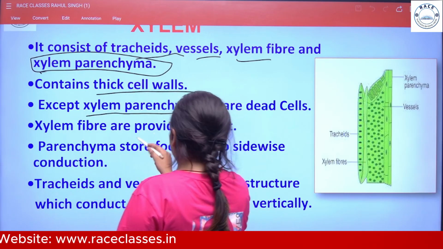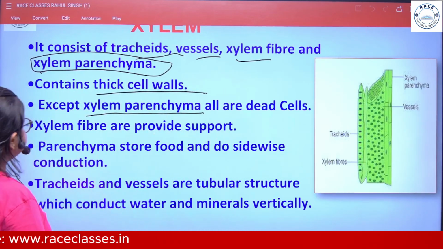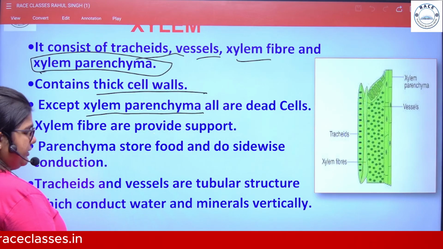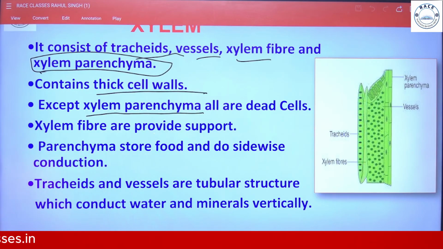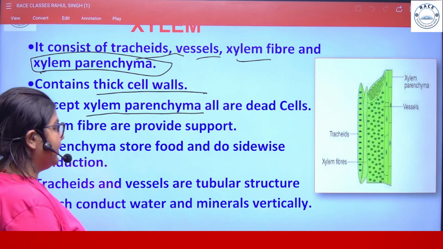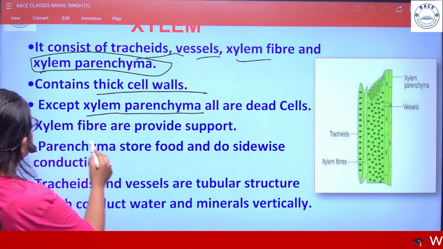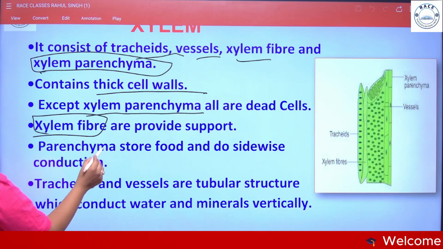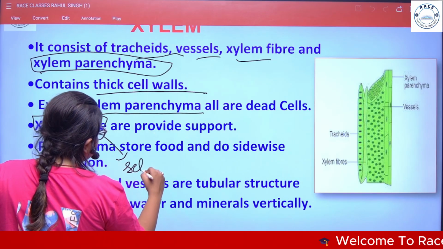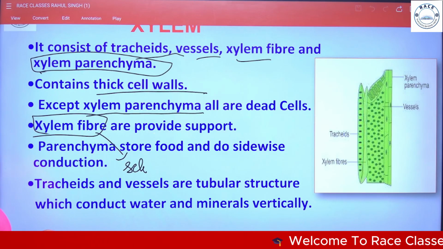Xylem fiber provides support. Parenchyma stores food and does sidewise conduction. Tracheids and vessels are tubular structures which conduct water and minerals vertically. So the xylem fibers are made up of sclerenchyma usually, and they provide support.